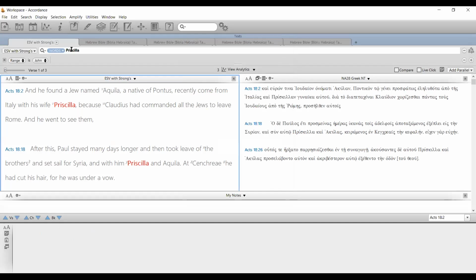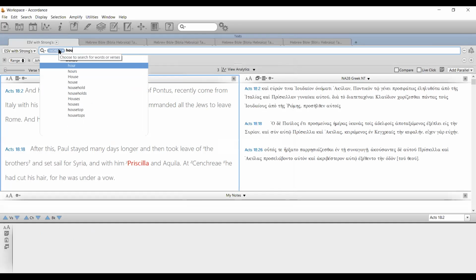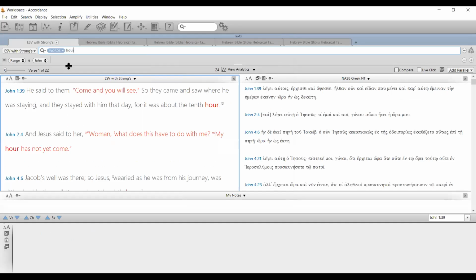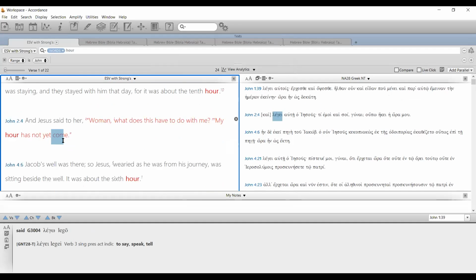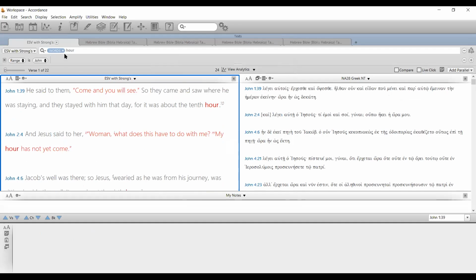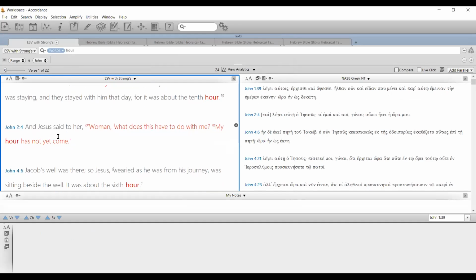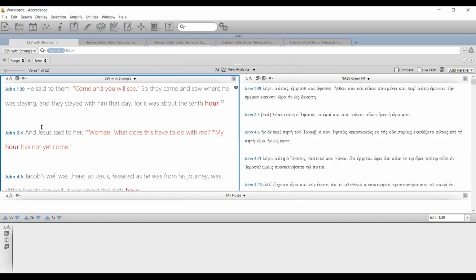Update, and let me just try to find. Do you see? Yes. I was just looking for the word hour, and it found it only in the Gospel of John.